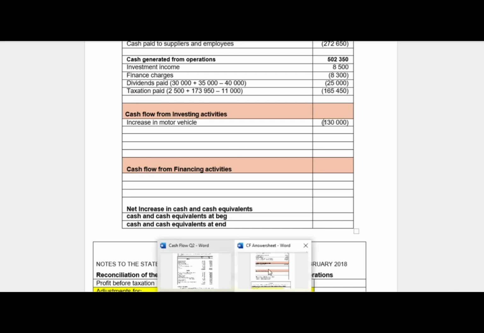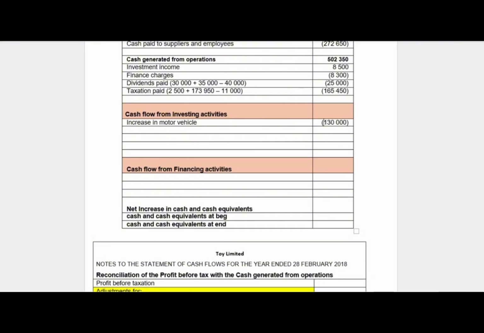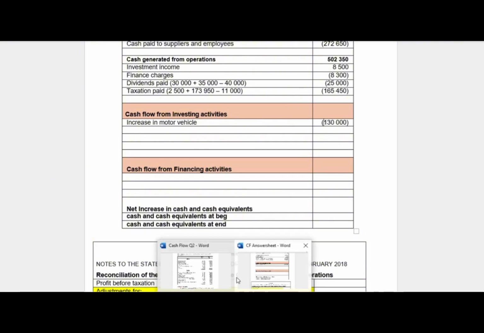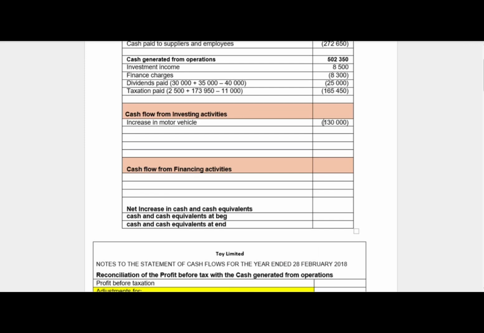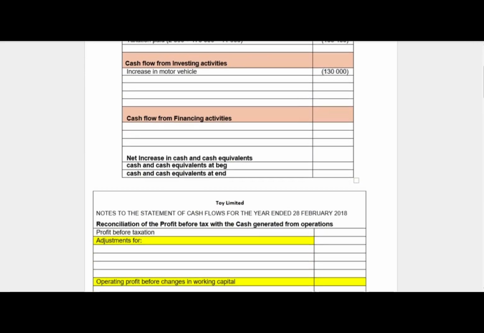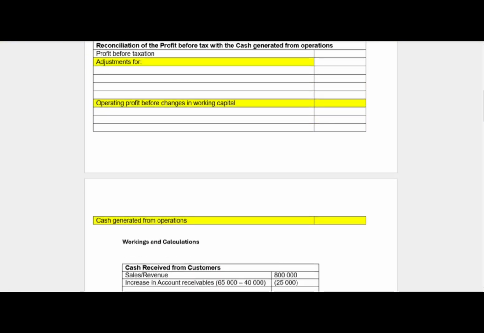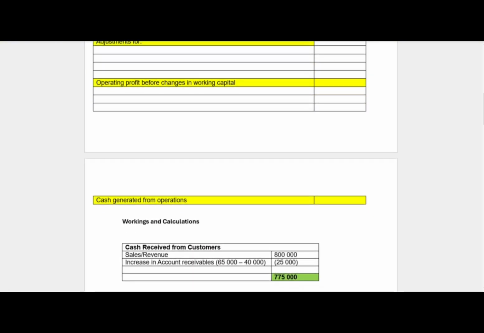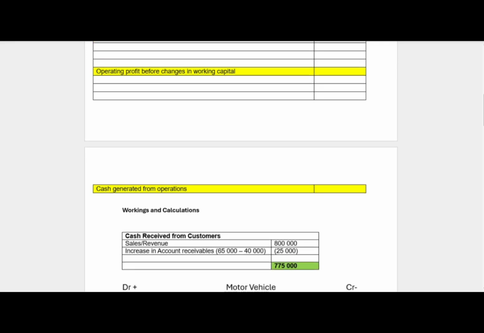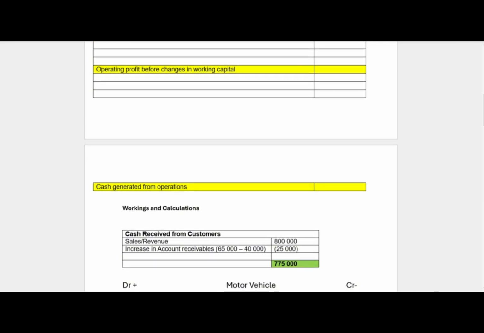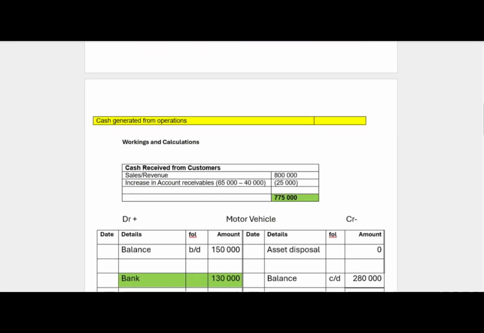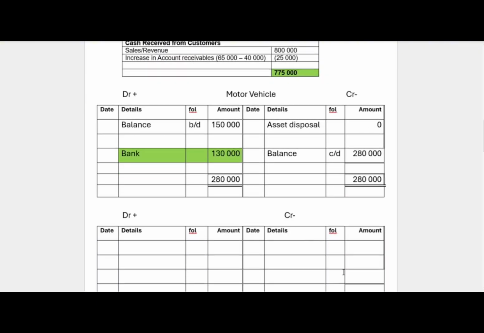And then we also have to do the calculation of the accumulated depreciation account. We have to do the accumulated depreciation account on motor vehicle. Let's just do that quickly.